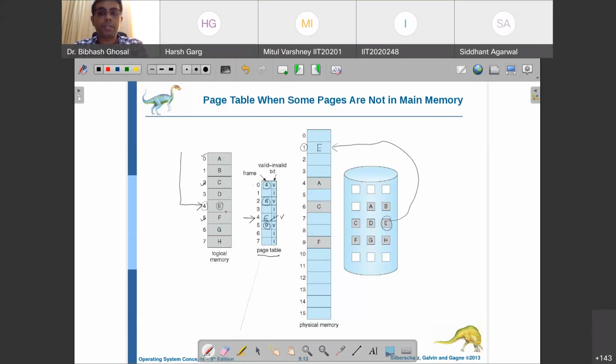If it is placed, the corresponding frame number is updated in the page table and the invalid bit is changed into a valid bit. Now the page is there. Next time when the address is sent, it will find that yes, there is a valid bit. This is the concept of paging, demand paging.